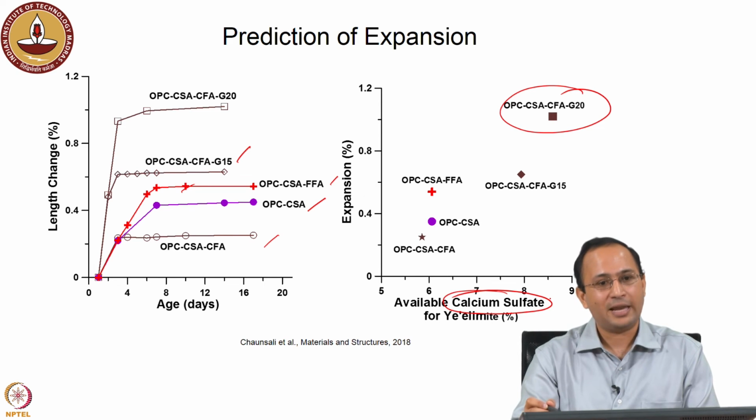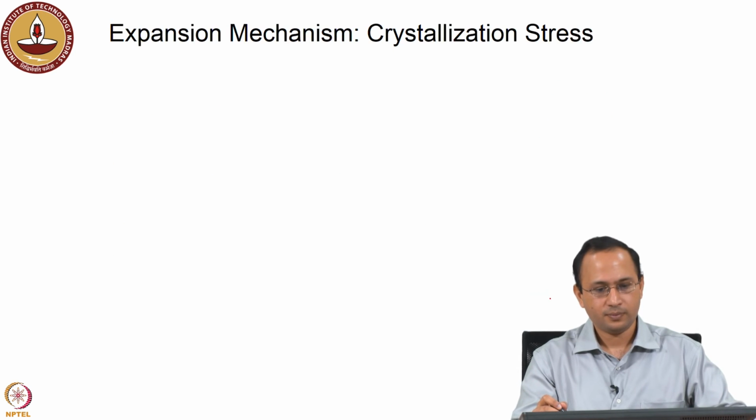So, these are simple calculations you can do to predict or compare two systems, because we know that yeelimite is reacting with calcium sulfate and forming ettringite, that is causing expansion. So, this availability of calcium sulfate can also give you an idea about the expansion.